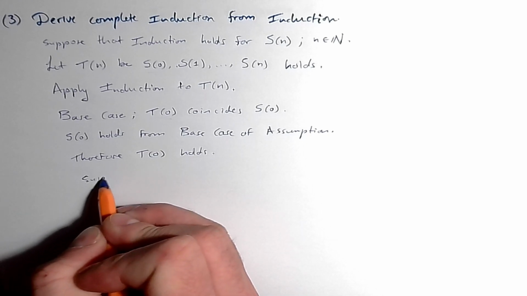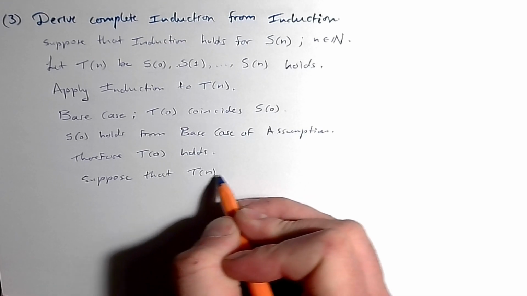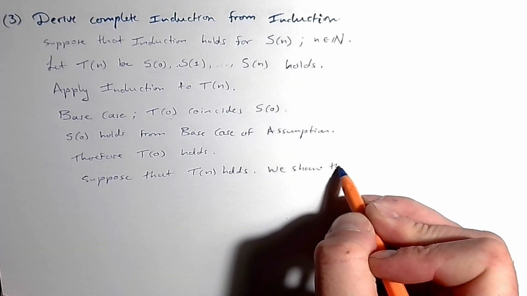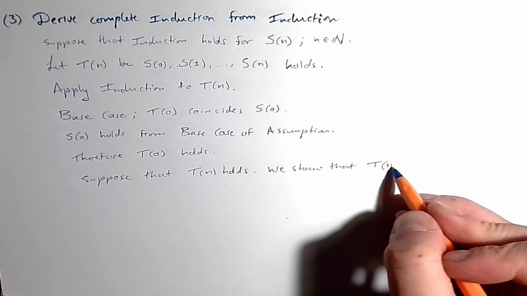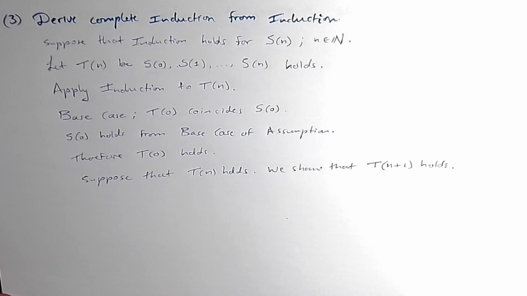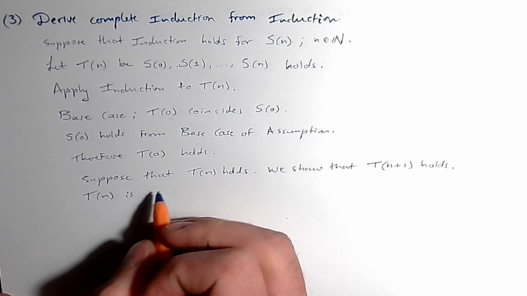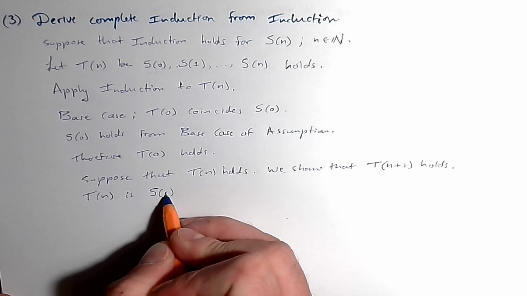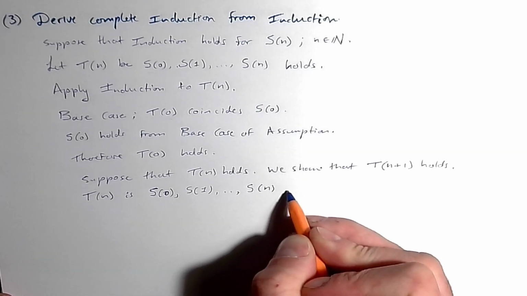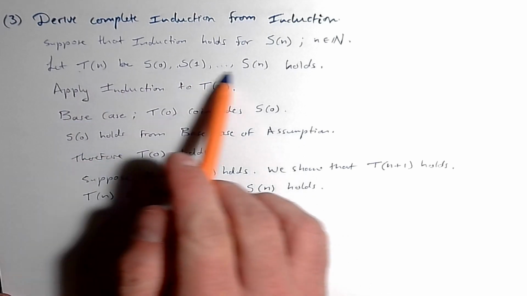So suppose for the induction step that T of n holds, and we want to show that T of n plus 1 holds. Since T of n holds, we know that S of 0, S of 1, all the way up to S of n holds, because that is what the statement T of n means by definition.